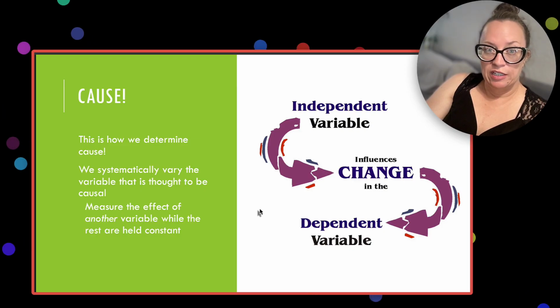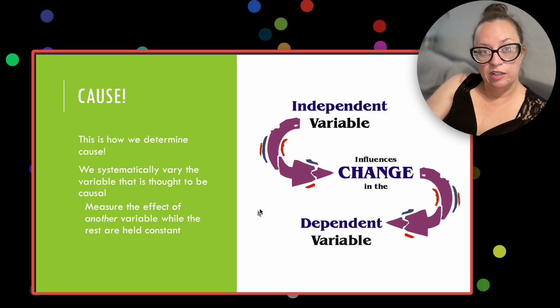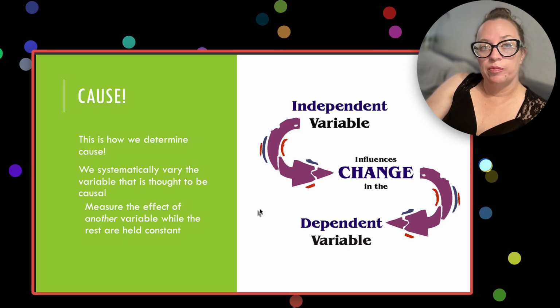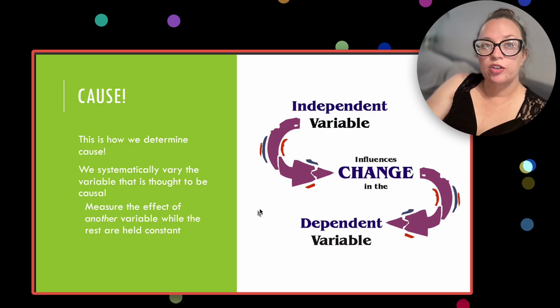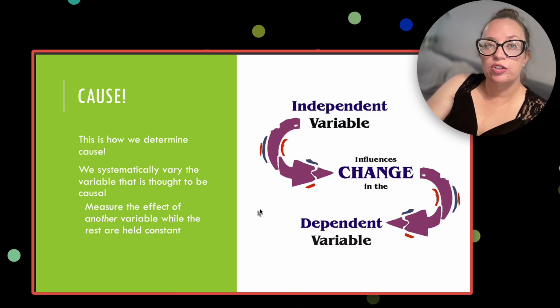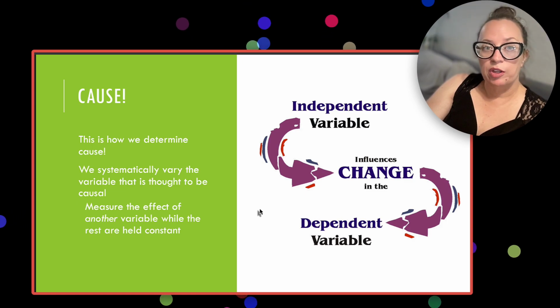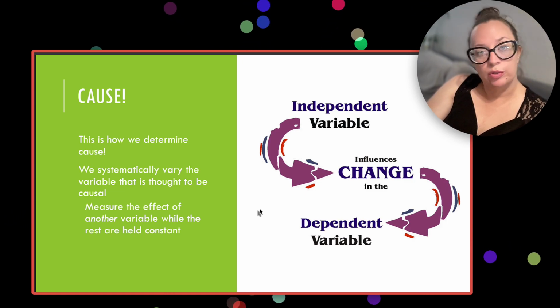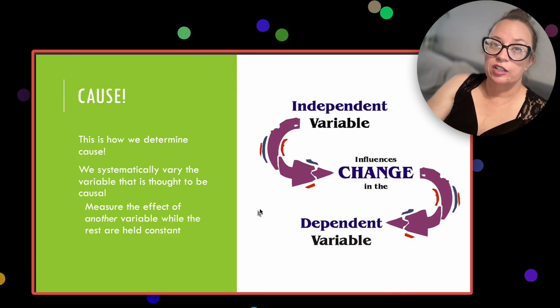So if we can isolate or manipulate our independent variable, we can actually determine a cause and effect relationship. So cause is sort of a buzzword here, all right? It's very difficult to determine cause using science and the scientific method, and this is how we have to do it. We're going to talk about the few facets that make an experiment an experiment.